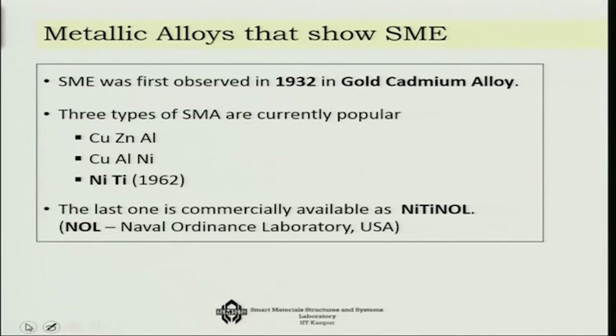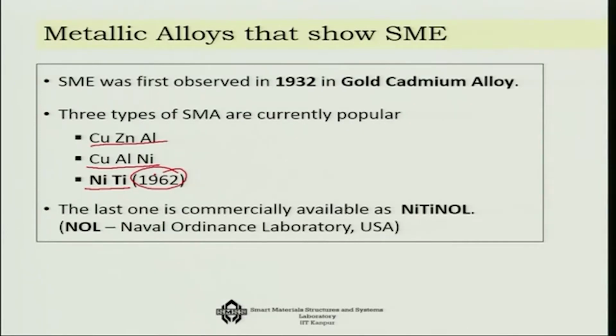There are three types of SMA that are currently popular. One is copper zinc aluminum, another is copper aluminum nickel, and the other one is nickel titanium alloy. It is a binary alloy in comparison to the other two, and since it was discovered in 1962, it is becoming more and more popular.